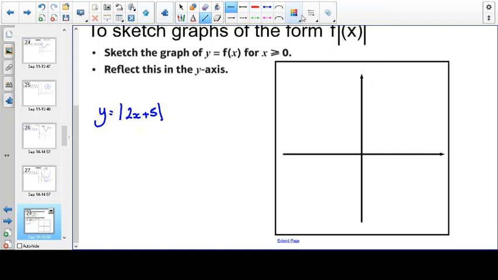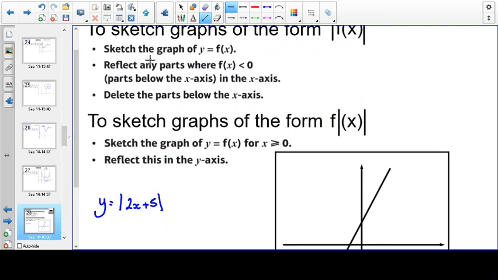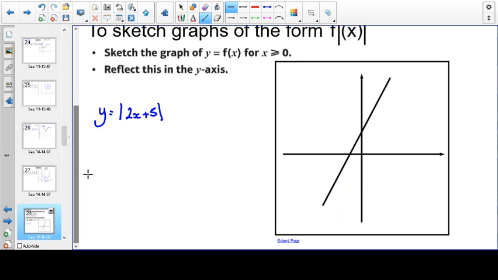So y equals 2x plus 5 is going to cross the y-axis at 5 and have a gradient of 2. So it might look something like that. Okay, so it says sketch the graph, reflect any part where f of x or y is less than 0 in the x-axis. So this bit here, from this point here, has to be reflected in the x-axis. So that's going to come up like that.